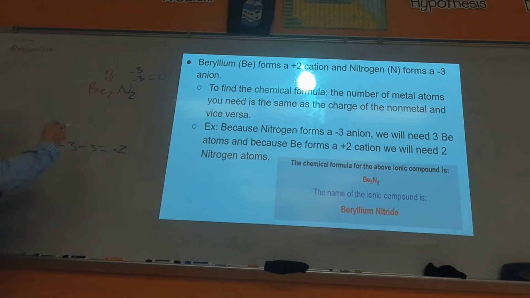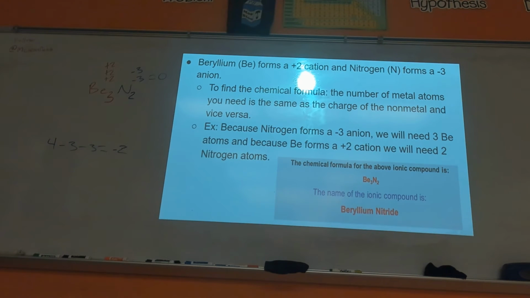Well, if I were to add a third beryllium, a third +2 charge, so if I had Be3, 3 individual beryllium atoms, now this would be 2 + 2 + 2, that's 6, -3 -3, that would add up to 0. That's why beryllium nitride is 3 berylliums and 2 nitrogens, because that's the combination of berylliums and nitrogens you would need for it to add up to 0.